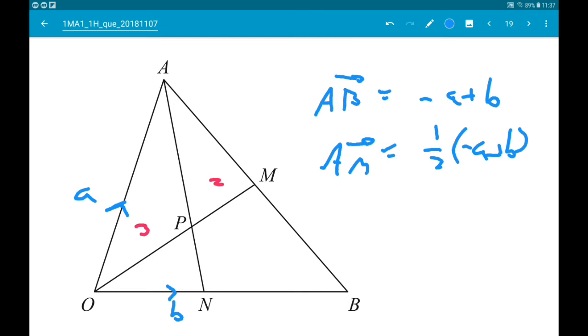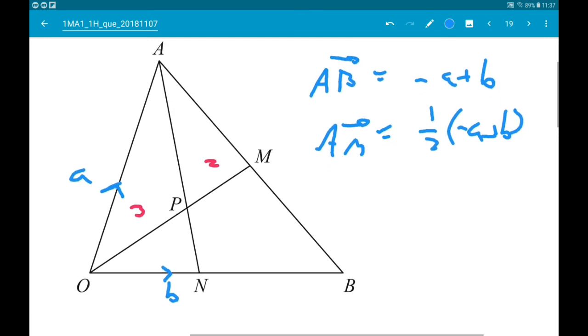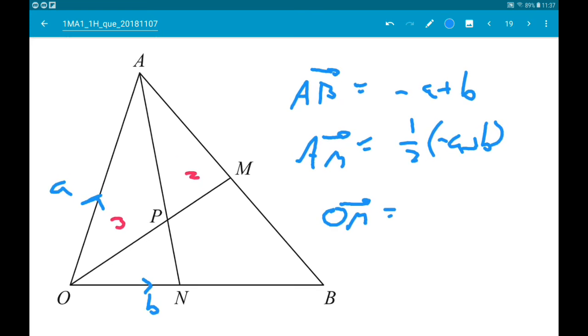Now then, O to M. So to get from O to M, we're going to go up to A and down to M. So that's going to be A minus half A add half b.